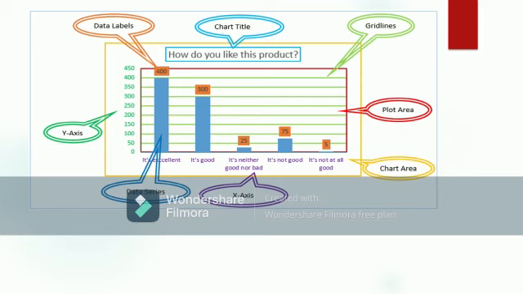You can choose whether to display them or not. If you don't want to see these lines, you can skip them. They make it easy to identify the value of each data point on the chart. That's why we are using them. If you don't want them, you can skip these grid lines.